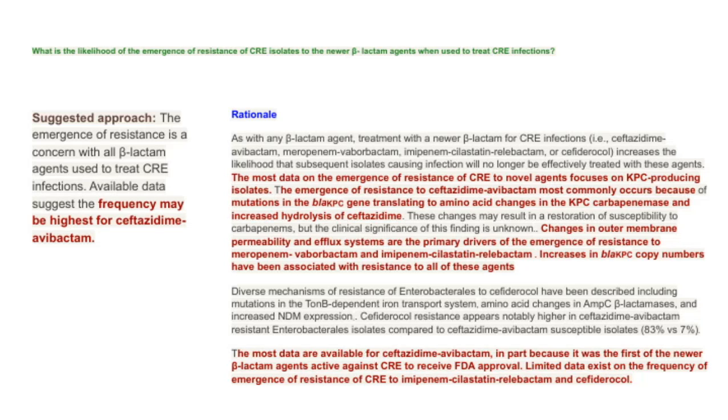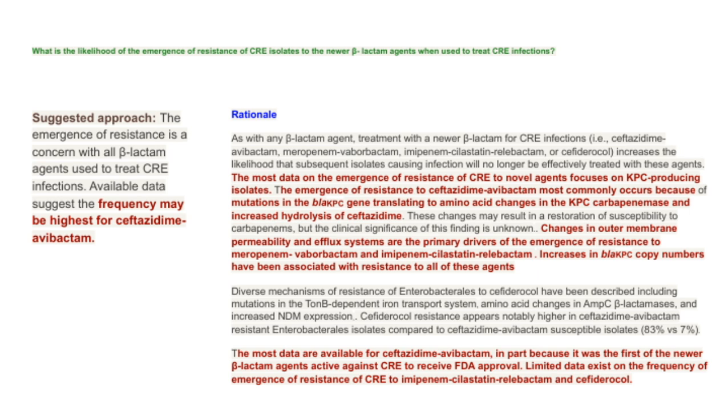When using newer beta-lactam agents to treat CRE infections, such as ceftazidime-avibactam, meropenem-vaborbactam, imipenem-cilastatin-relebactam, or cefiderocol, there's always a risk that the bacteria will develop resistance over time. This is a common concern with any beta-lactam therapy. Most of the data we have focuses on KPC-producing isolates, which are a common type of CRE.